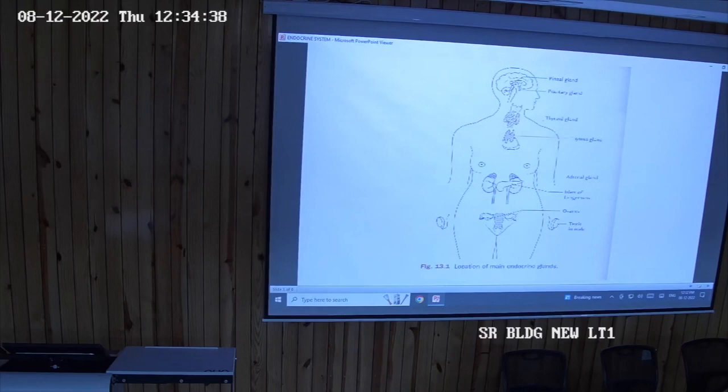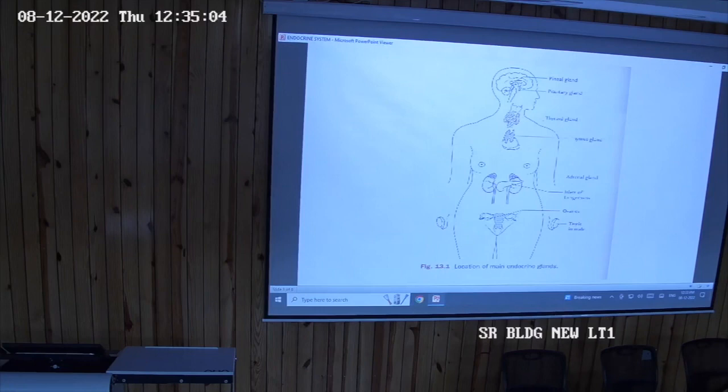Then in some persons or patients, you will notice that the thyroid glands are very enlarged. No doubt they are not suffering from any disease, but the gland is very enlarged.